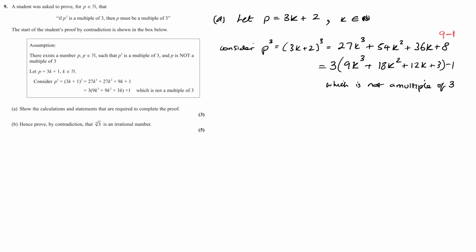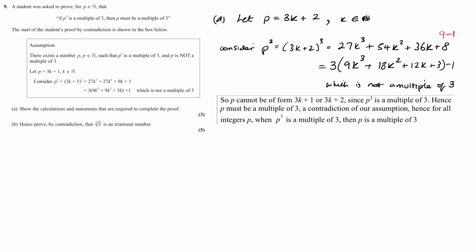Then we need to finish it with one final statement, just talking about our original statement in our assumption. Okay, now I'm going to be a bit lazy here, and I'm just going to copy and paste the conclusion from the mark scheme, because I didn't really want to write out a lot of words when it was just something similar. So anything that's similar to that would work fine here.